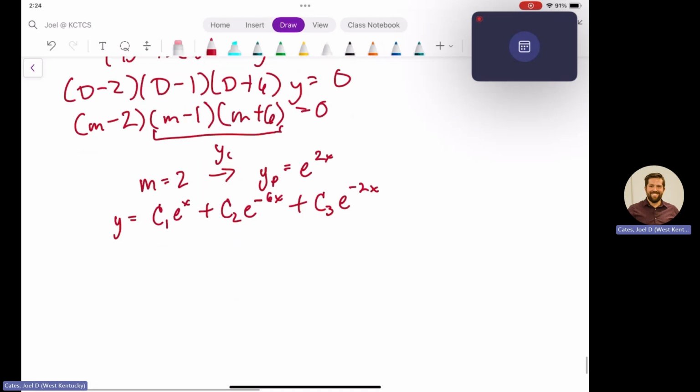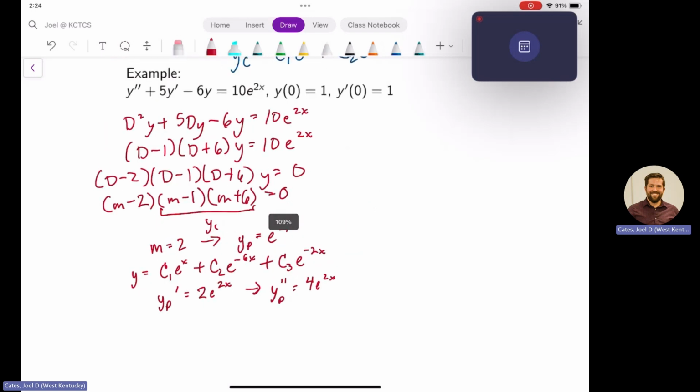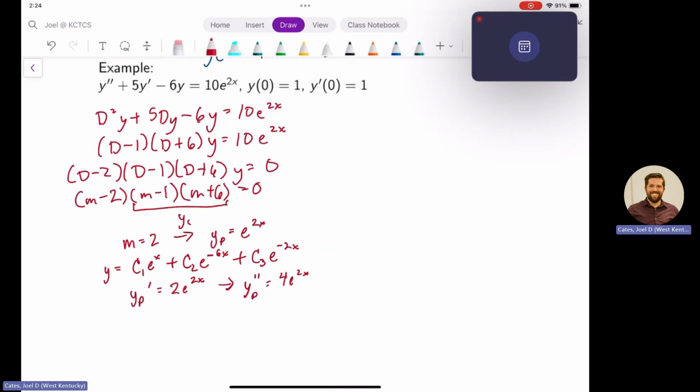If I look at my particular solution and its derivatives, I've got 2e to the 2x for its first derivative, and its second derivative is 4e to the 2x. If I go back to my original and put that in, I've got 4e to the 2x plus 10e to the 2x minus 6e to the 2x.